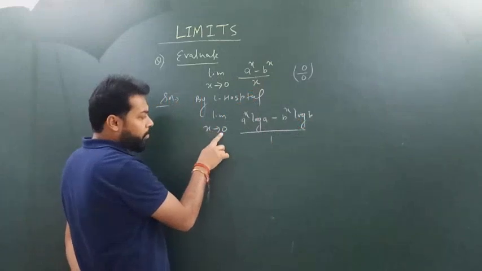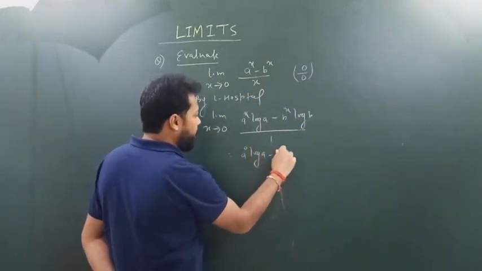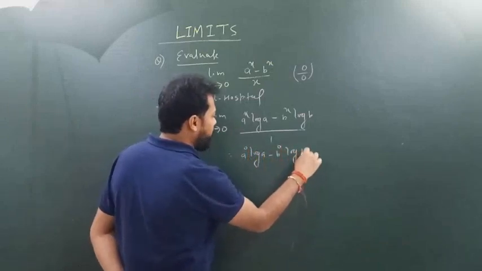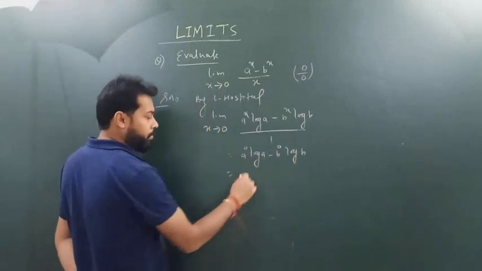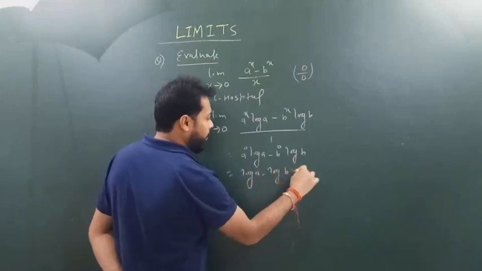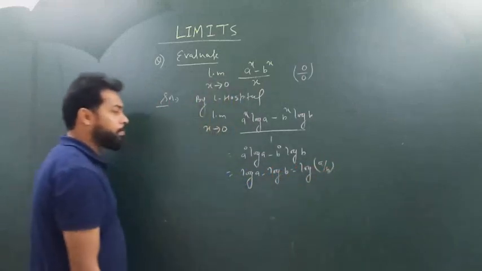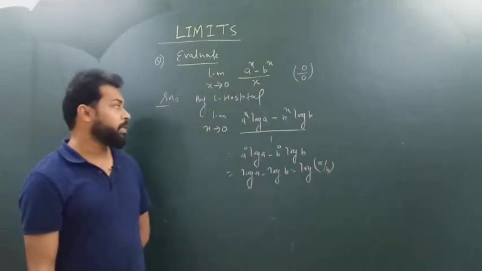Now we put x equal to 0 here. We get a^0 log a minus b^0 log b. a^0 is 1, so we get log a here, and log b here. Again we are getting log (a/b). So by L'Hospital also this question can be solved very easily.